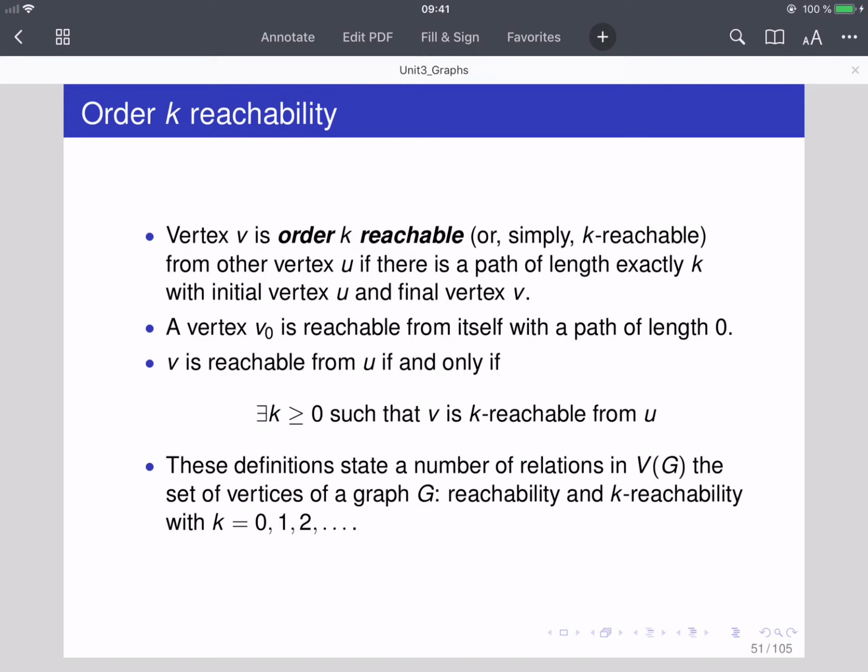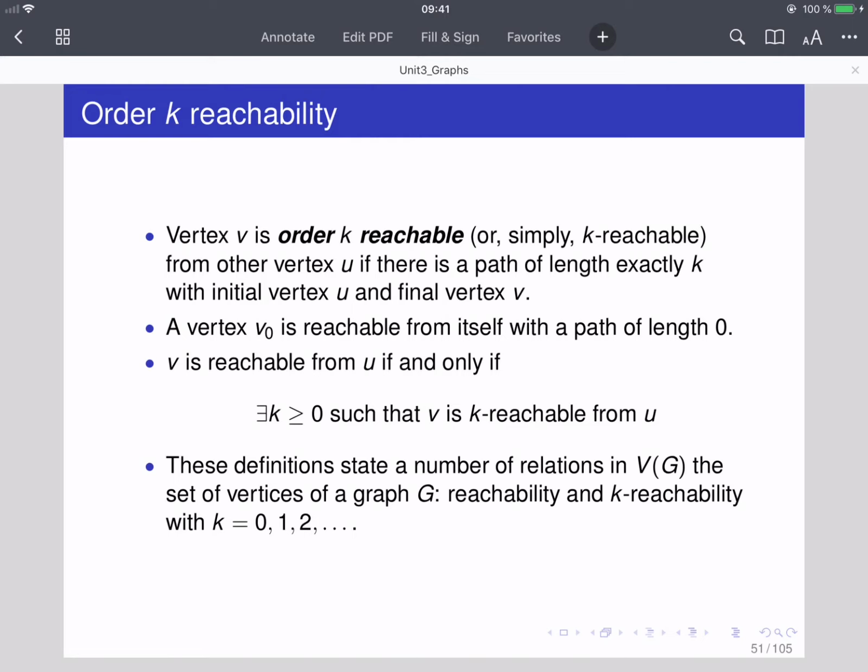We say that a vertex V is order k reachable, or simply k reachable, from another vertex U, if there is a path of length k with which we can go from U to V. So if there is a path from U to V, we say that V is reachable from U, and if this path has length k, then we say that V is k reachable from U.